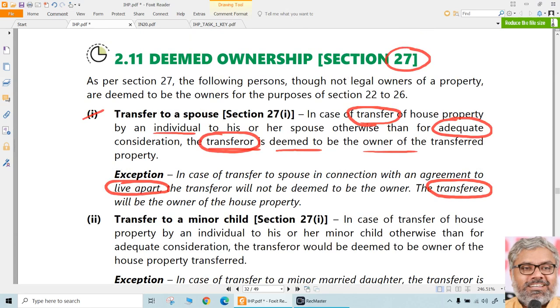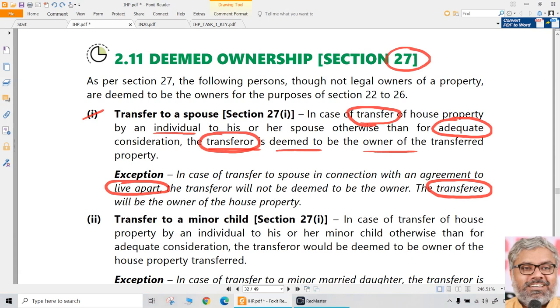One person said that he got adequate consideration in the form of love and affection from his spouse or wife. So the question came, can love and affection be considered as adequate consideration in the eyes of law? That was the case. The answer is no. Love and affection is not an adequate consideration. So when we say consideration here, we are talking only about money. No sentiments, no attachments, no love and affection is going to be considered as adequate consideration.